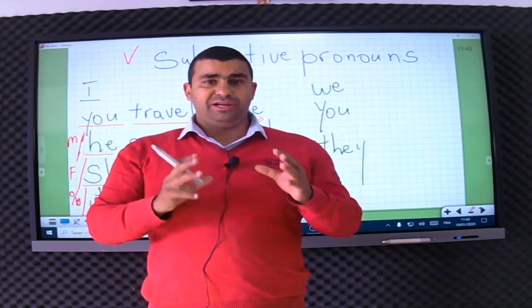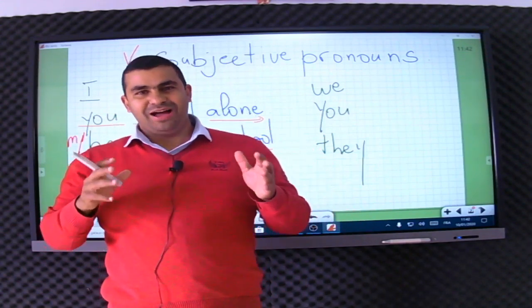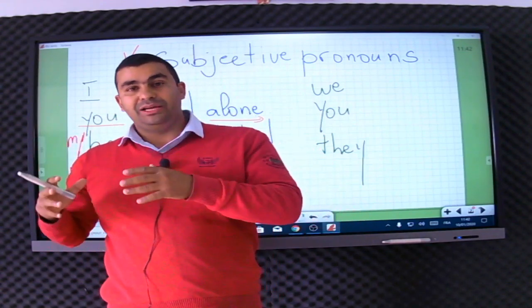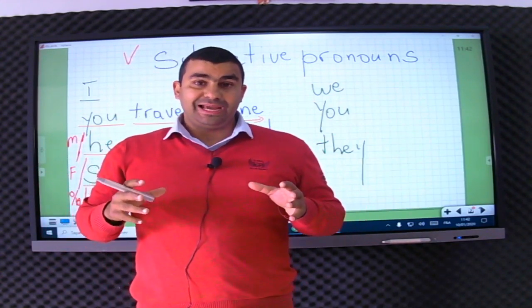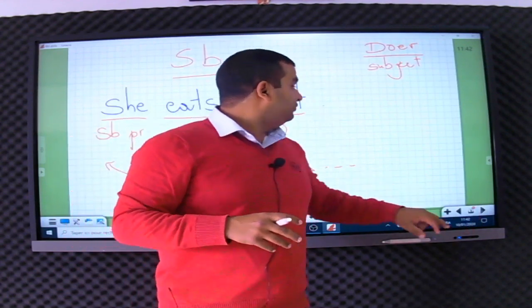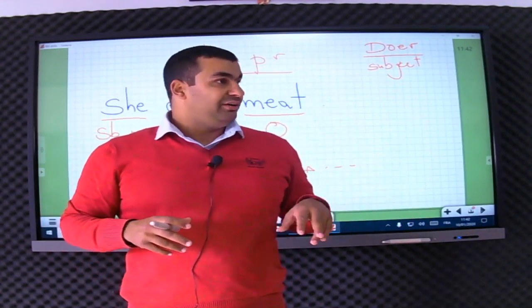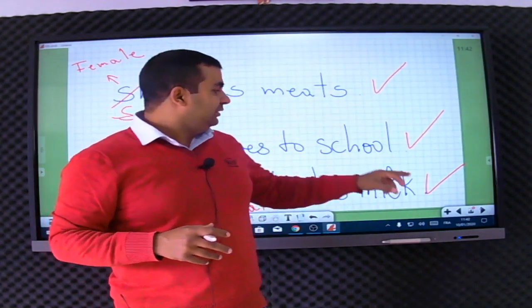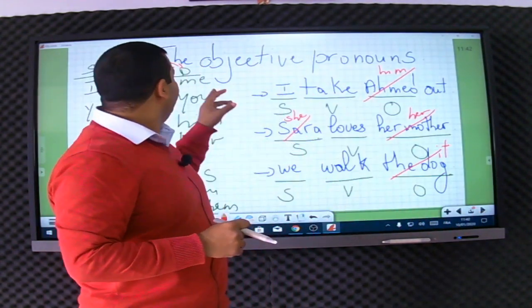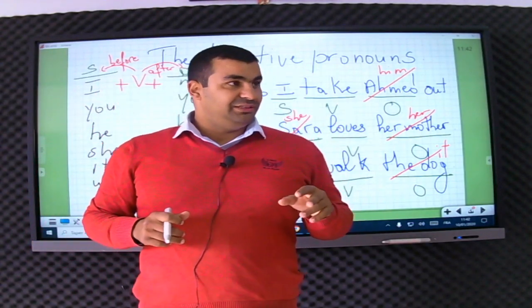So whenever we find a verb, we should always find a subject or a doer of this verb, because the verb is very simply just an action. And then where do they function? So here we have the second type, the objective.